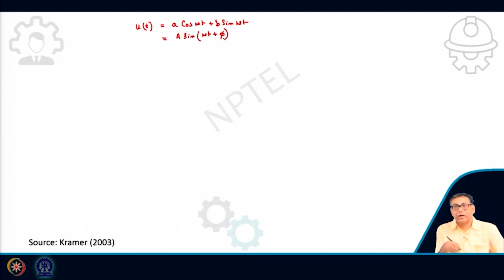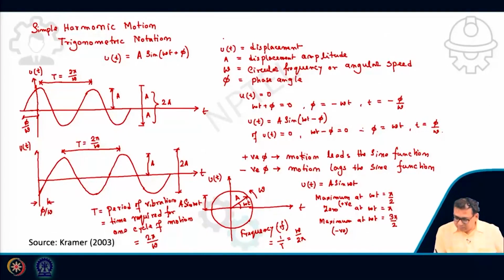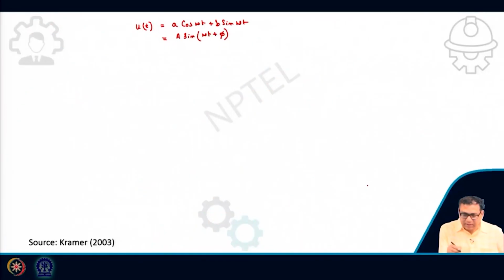I will discuss what the value of phi would be in this case, because the first one we took was very simple, that is A sin omega t, and we have discussed that. Now we have taken A cos omega t plus B sin omega t, and I will convert it to A sin omega t plus phi, and determine what the A value and the phi value would be.